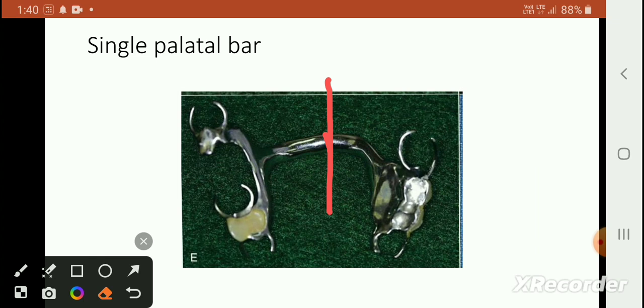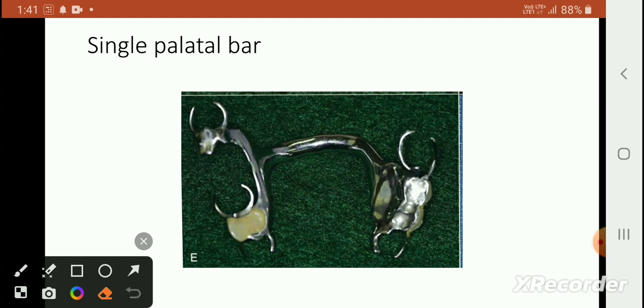What are the indications where we will give this type of maxillary major connector, the single palatal bar? Its only indication is in an interim partial denture, or a temporary partial denture, until a more definitive treatment can be considered.